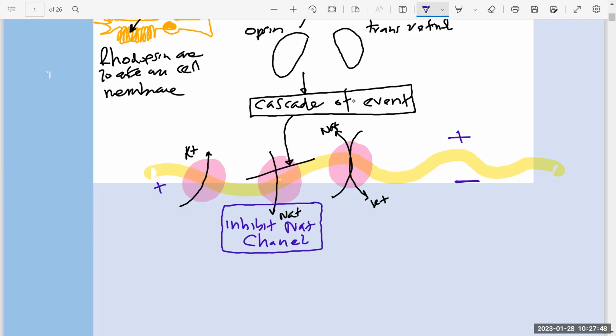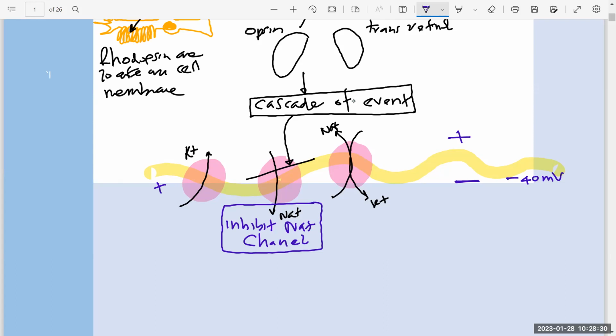So what will happen now, if we try to understand, there's a value for inside, let's say it maintains a certain value like minus 40 millivolt, for example. If this rod cell maintains minus 40 millivolt, now with this happening, what is going to happen to this minus 40 millivolt?